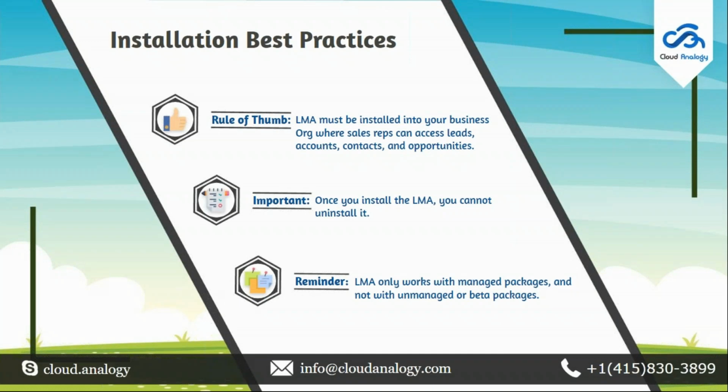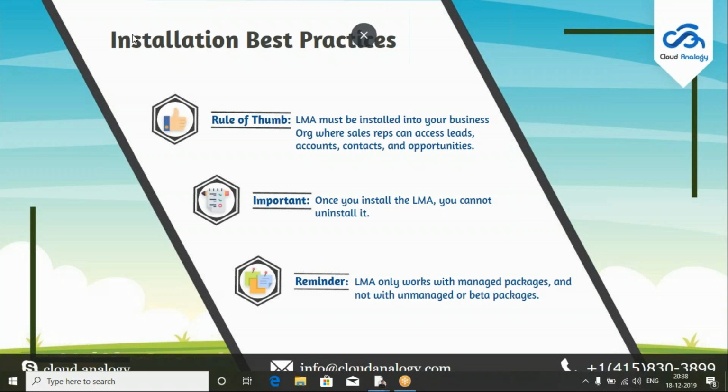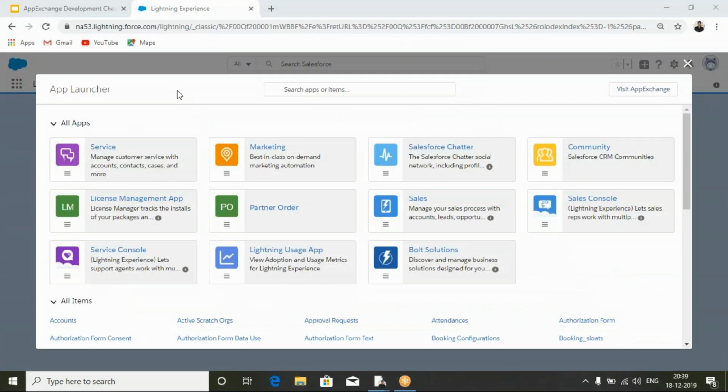Okay, so now moving ahead, I will demo the configuration part and a live demo of how I manage my customer records and activate their licenses using LMA. As discussed in the previous slide, once LMA is successfully installed in your environment, you can find it in the app launcher. You have to find it in the quick find box, License Management App.